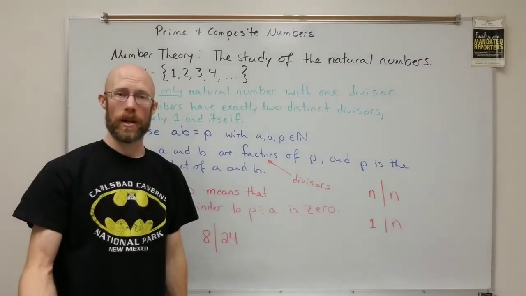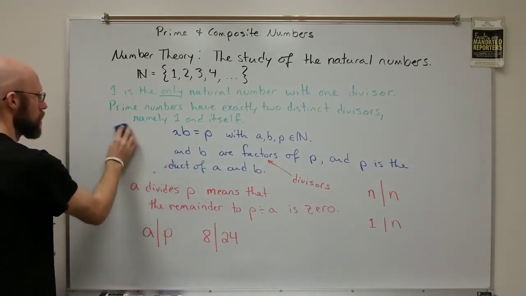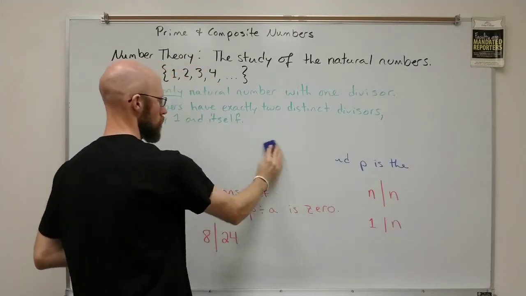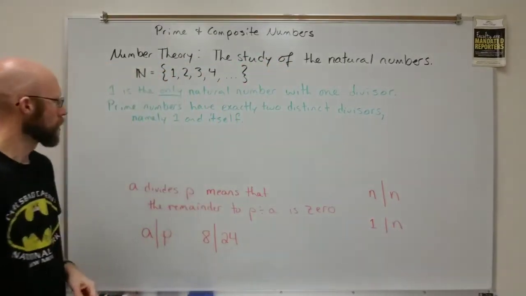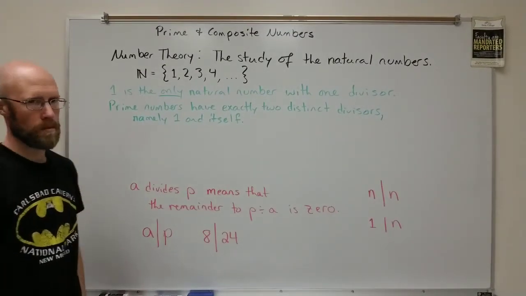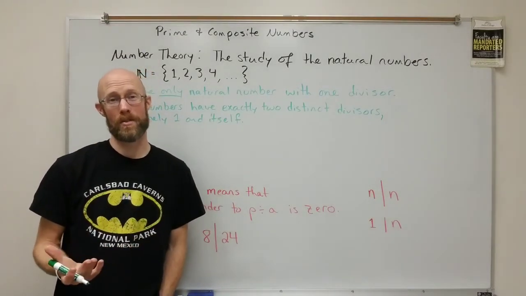And then we have a third category called composite numbers. Now sometimes, just to be brief, we may say that the composite numbers are everything that's not prime, but that's not true because the number 1 is also not prime, but it's also not composite.